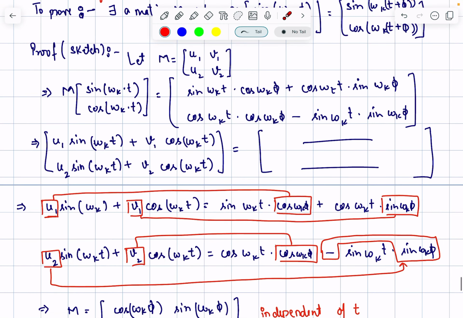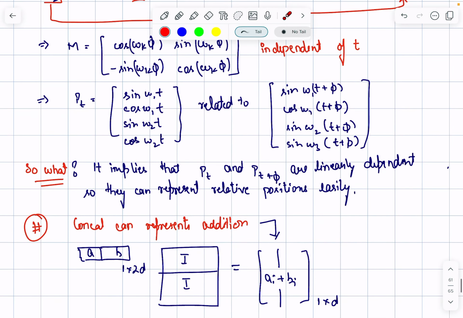Let's first revisit the intuition. It implies that pt and pt plus phi are linearly dependent, so they can represent relative positions very easily, right? So if I linearly transform pt, let's say by a matrix M, you get pt plus phi, where M is a function of phi.